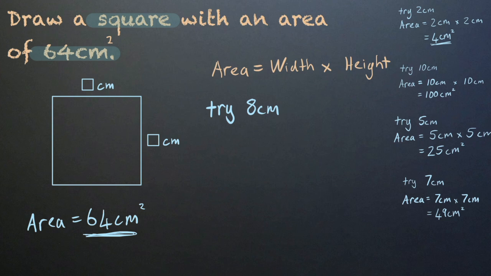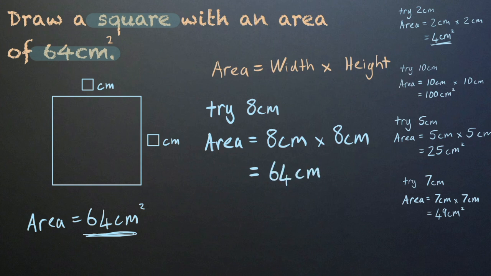So if it was 8 centimeters, our area would be equal to 8 centimeters times 8 centimeters, which is going to be equal to 64 centimeters squared. Aha, now that's what we were looking for, isn't it? 64 centimeters squared.